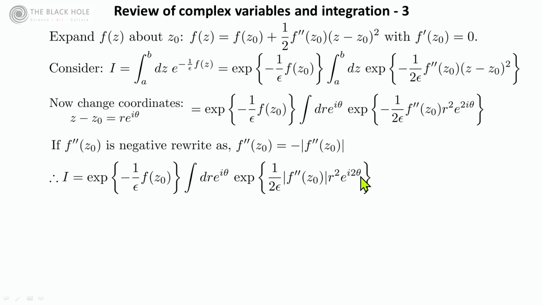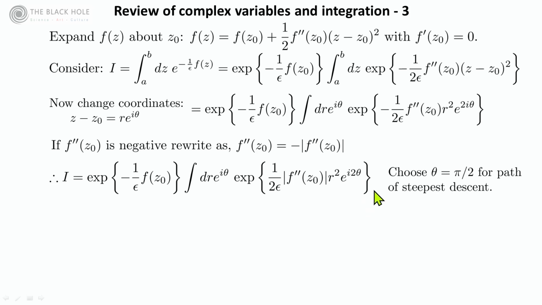What choice should I take for theta? I'm going to take theta equal to pi by 2 for the path of steepest descent. Well, steepest descent or steepest ascent, depending on whether you're going one way or the other way.